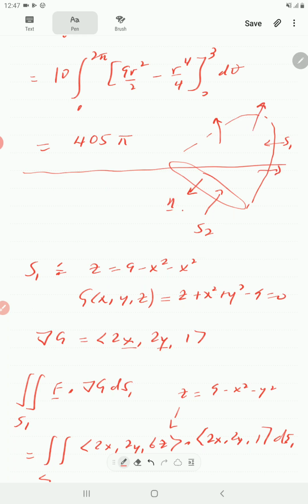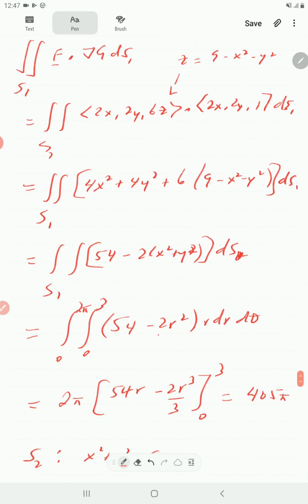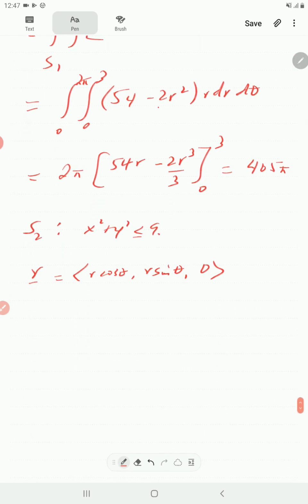So the normal here at the bottom needs to be downward, and we obtain that by doing the partial with respect to r cross the partial with respect to theta, and we get 0, 0, negative r.